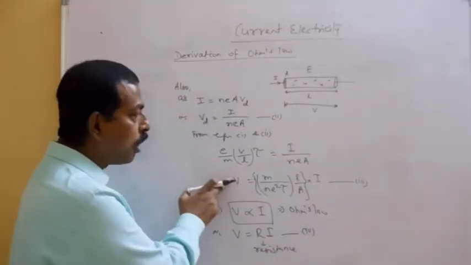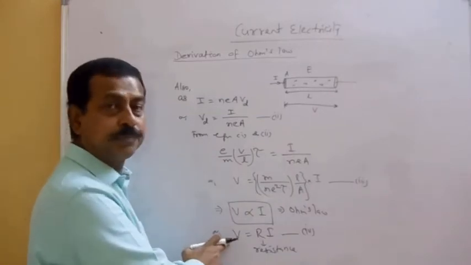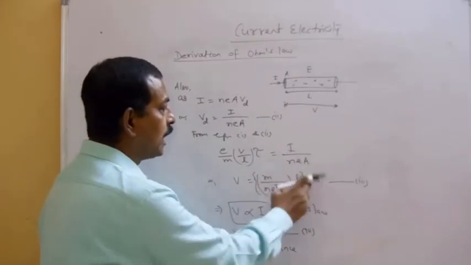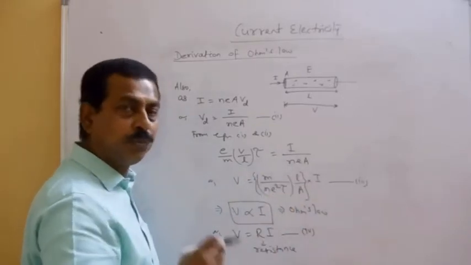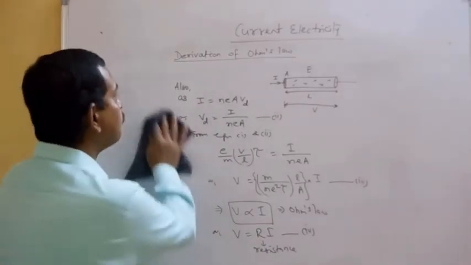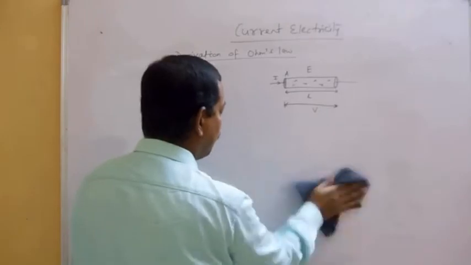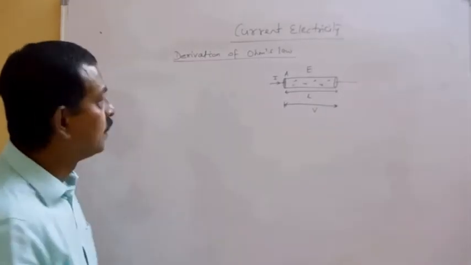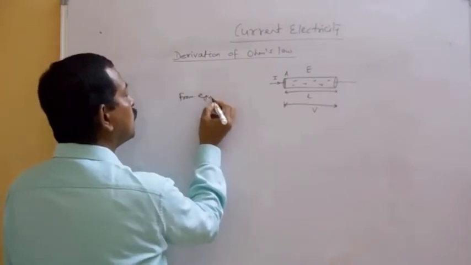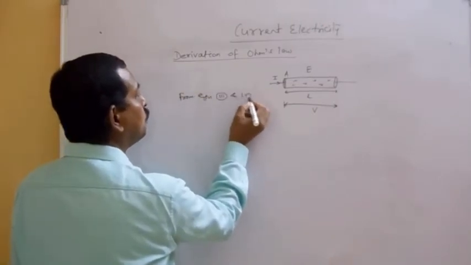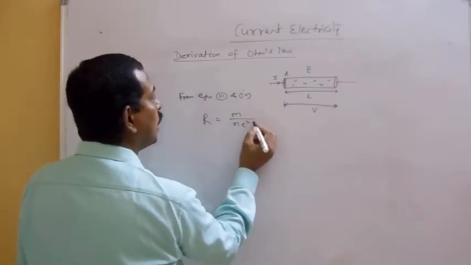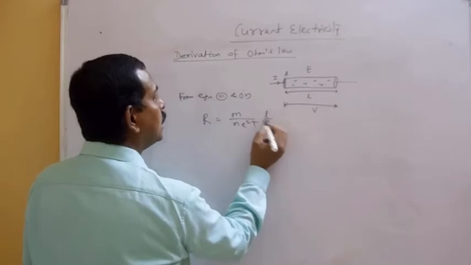So now, if you compare equation 3 and 4, then we can get the expression for R. In place of R, this entire term is coming. So from equation 3 and 4, R equals m/ne² tau, L/A.